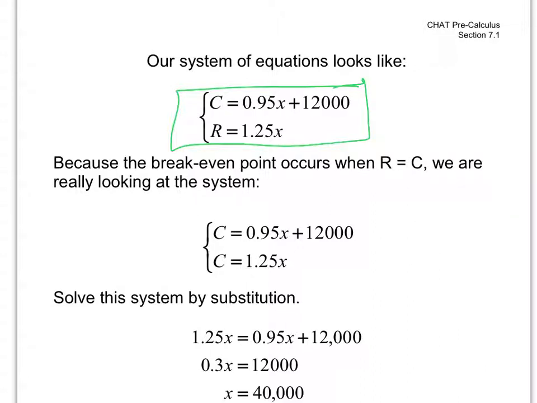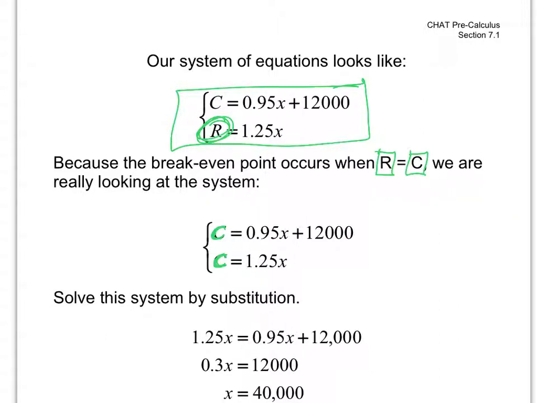And the break-even point happens when the amount for revenue equals the amount for cost. So what we're going to do is take this and change it to a C, because I want the cost to equal the same thing as the revenue. So what I get for both of those equations needs to be the same amount.